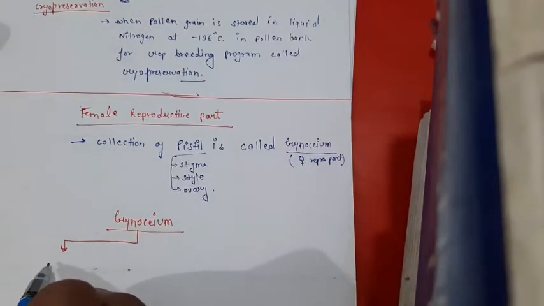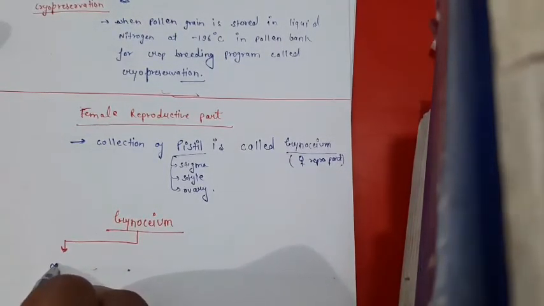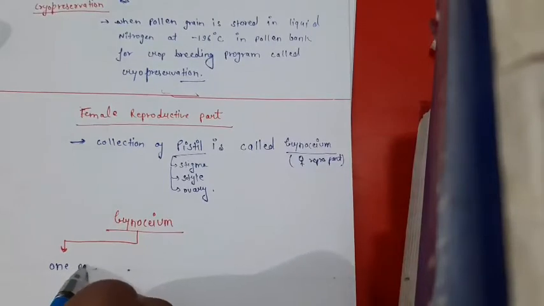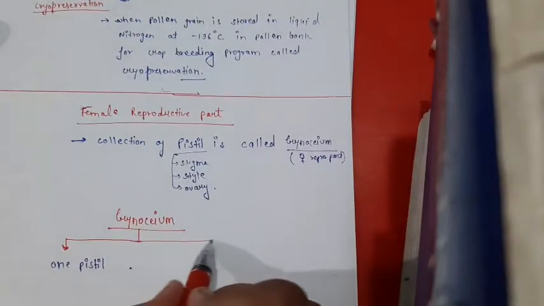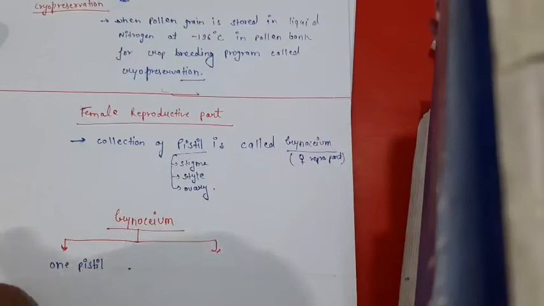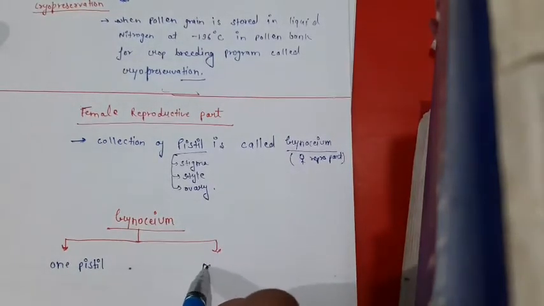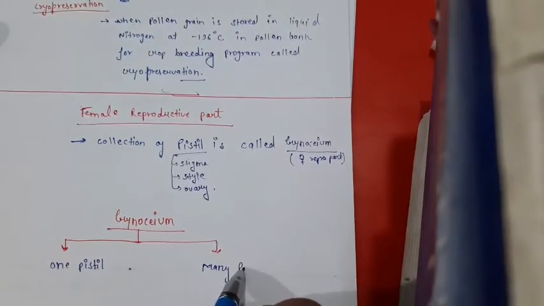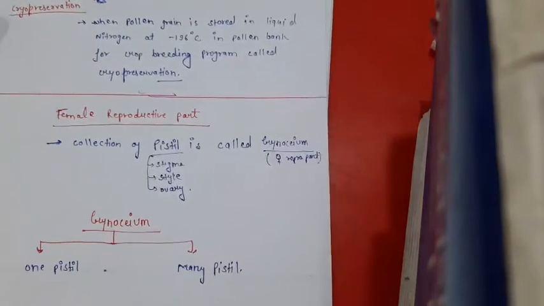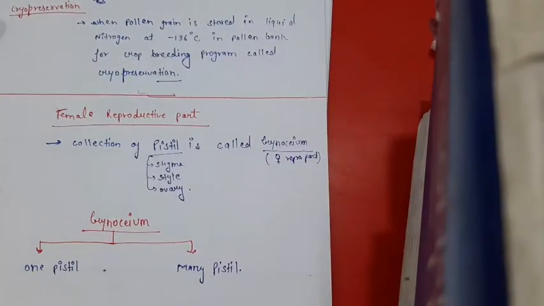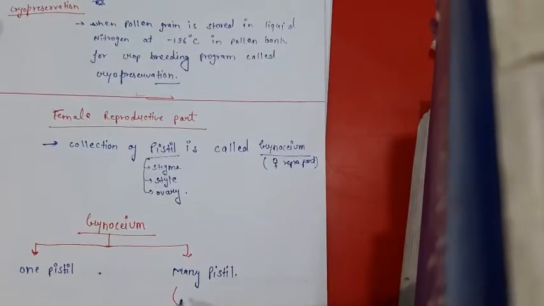Based on the number of pistils present, it is divided into two parts: one pistil and many pistils. If a plant contains more than one, it means many pistils. Pistil is the stigma, style and ovary collectively, that is the female reproductive part.